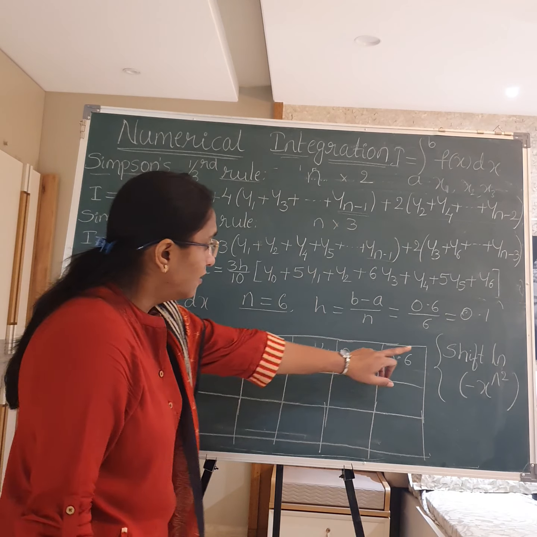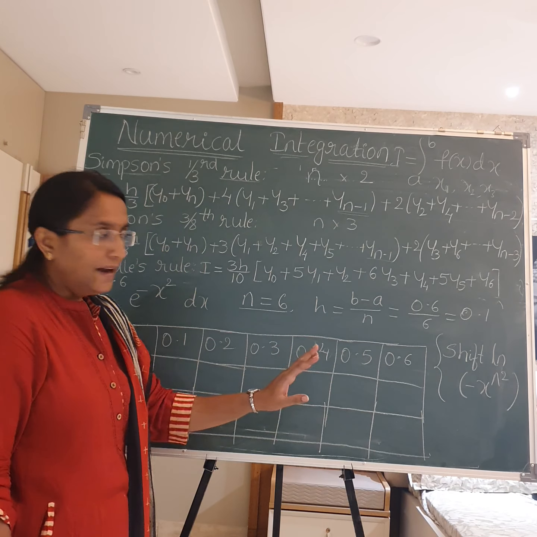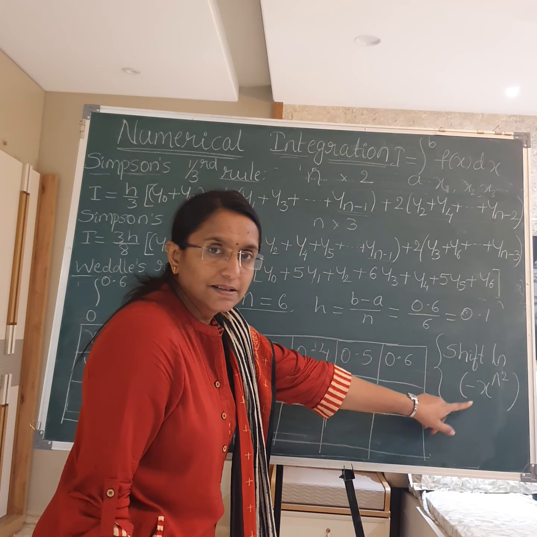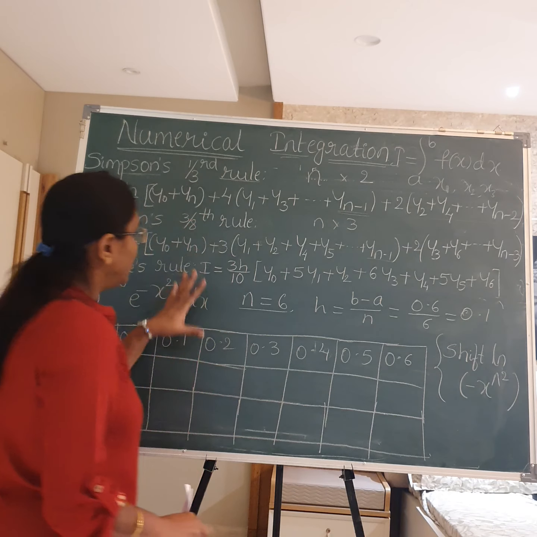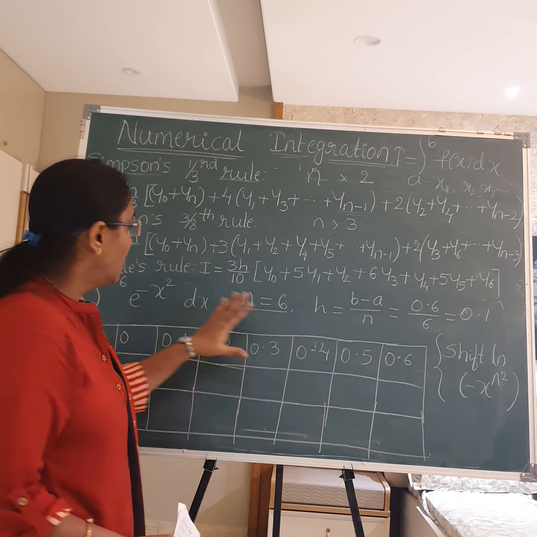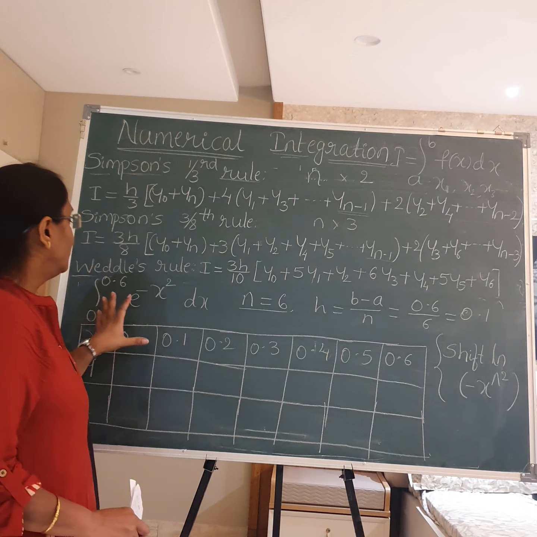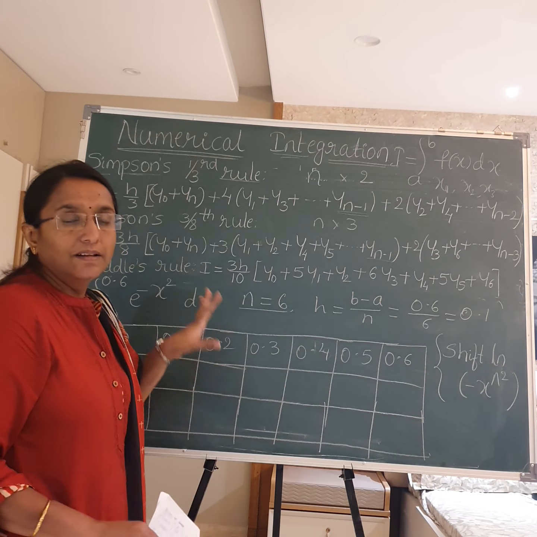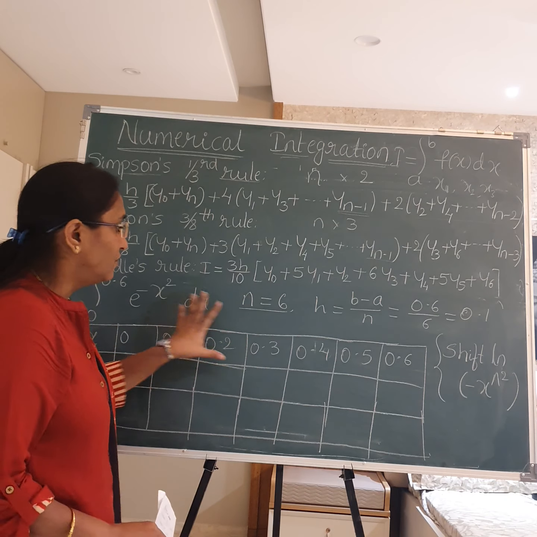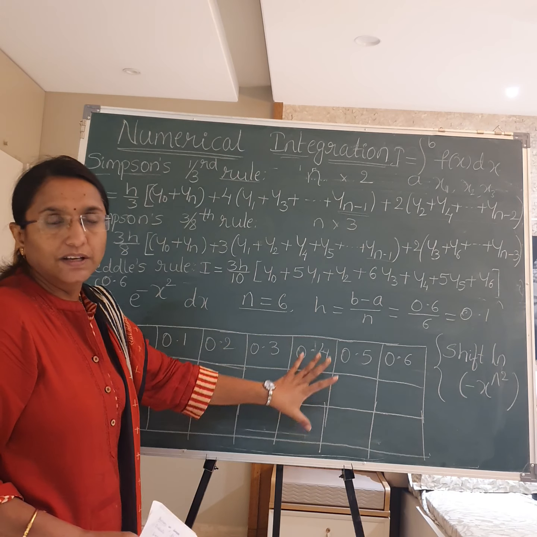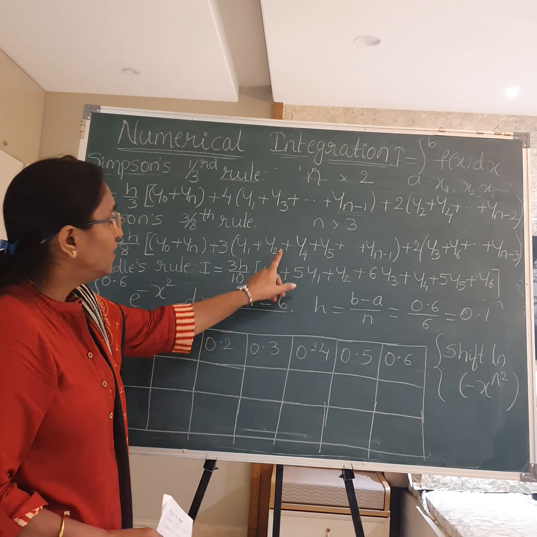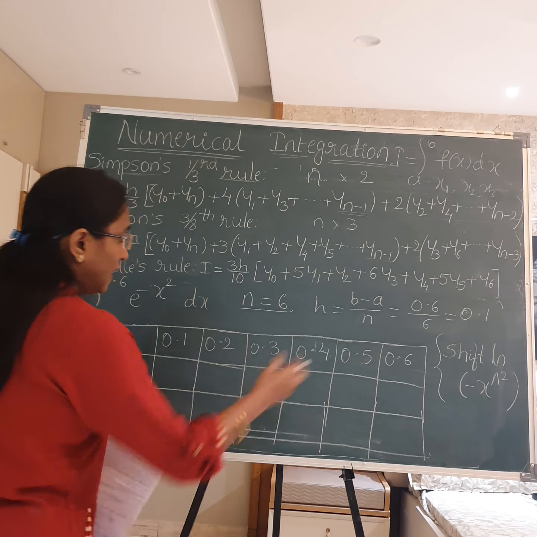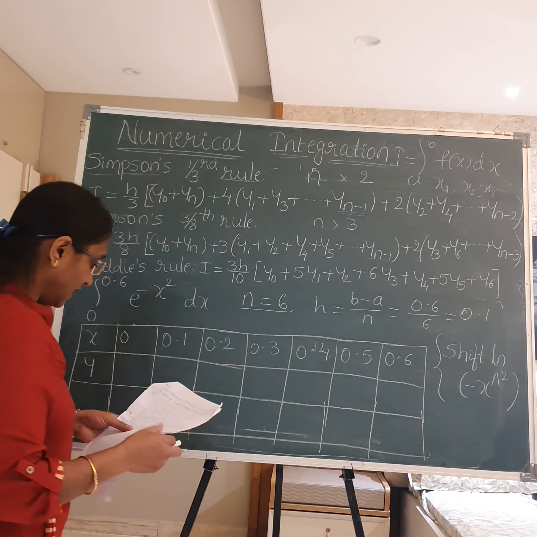So how will you find it out? Shift ln minus x square, because you know the method and the formula, but if you are not familiar with finding e raised to minus x square, then it will be difficult and you cannot find the table also. Then you will not get any marks, only 1 mark for that. By using that, calculate table values.